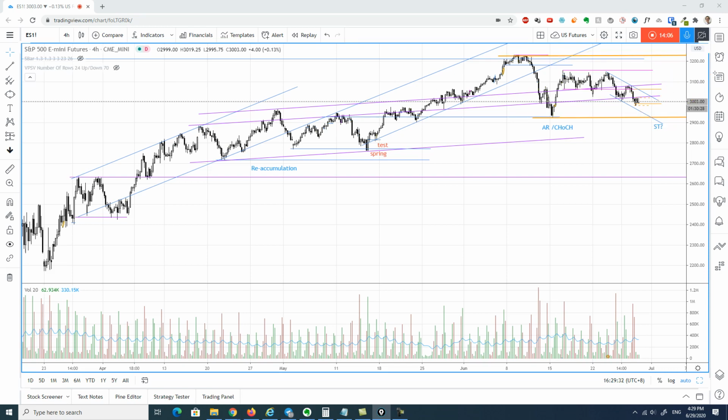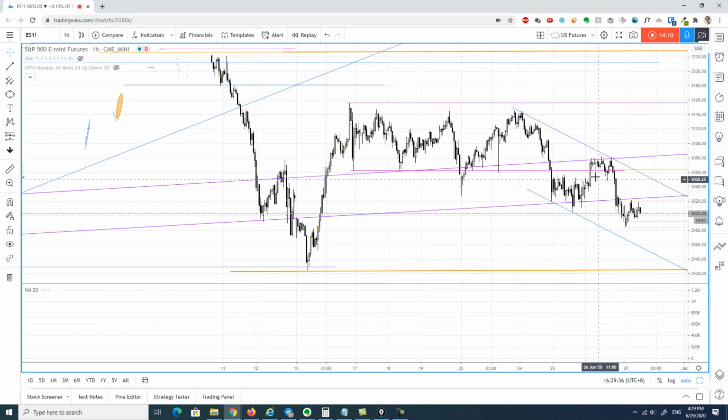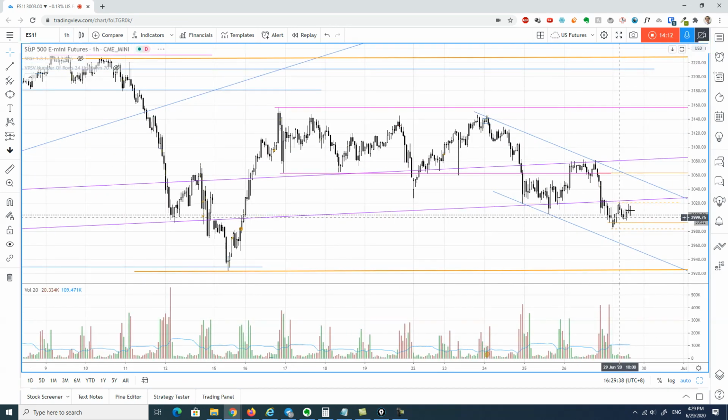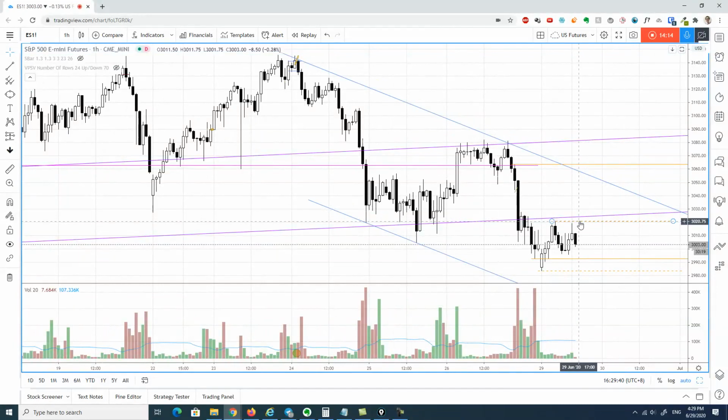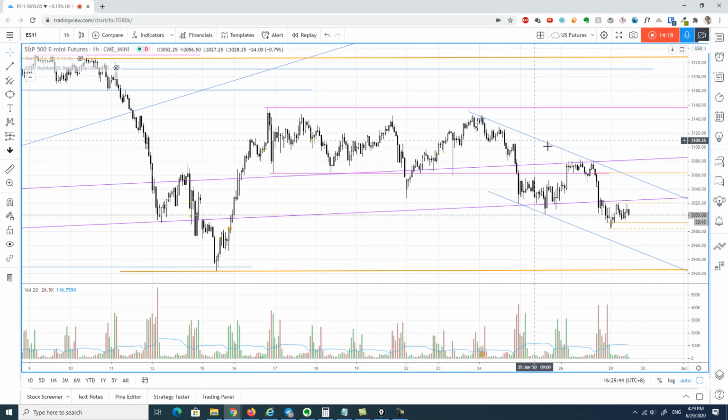But for day trading, let me get down to H1 to see what kind of opportunities we have. All right. So you can see that we are currently within the downtrend channel. In this down channel here, it definitely is not looking that bullish because it's still within a down channel.